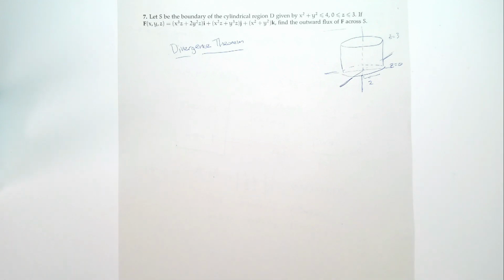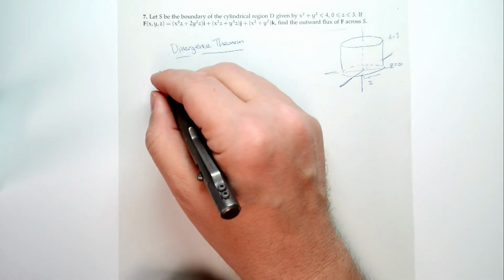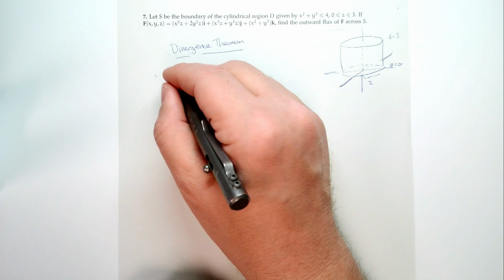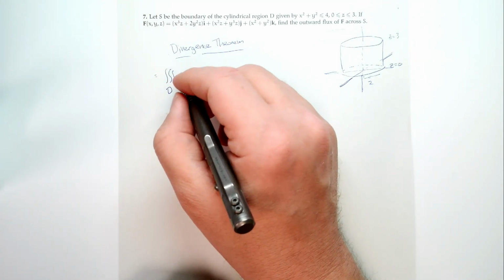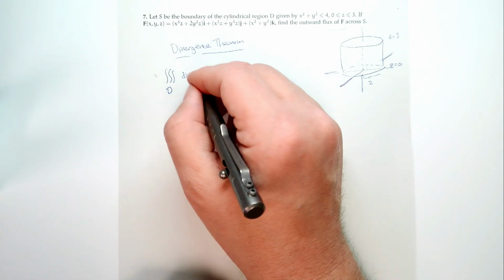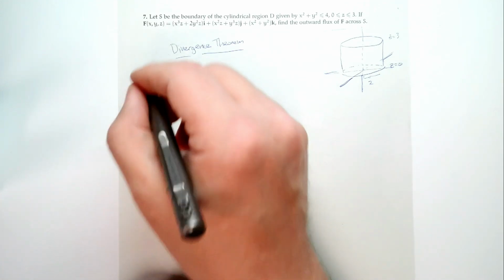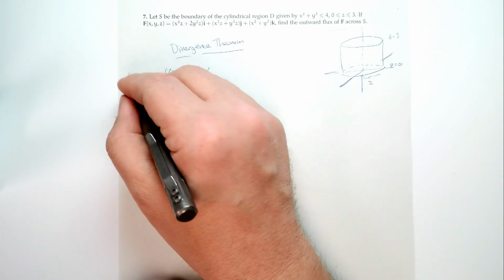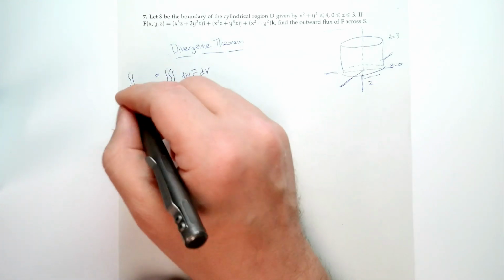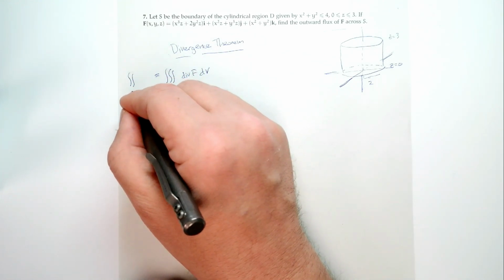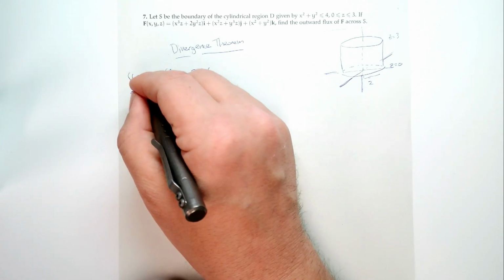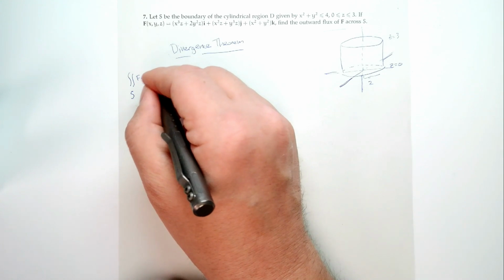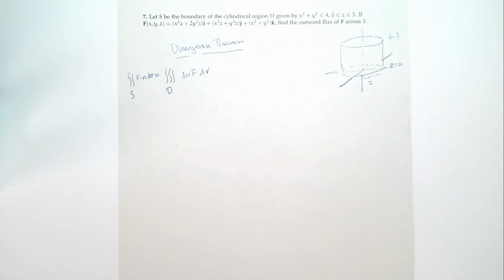We're going to do divergence theorem, and it says that this is equal to the integral over the solid D of what? The divergence of F dV. And when we say this, we can actually write down what we were originally going to do. So originally the problem says find the flux, which means integrate on the surface of our F dot n dS, or d sigma if you're short on space.